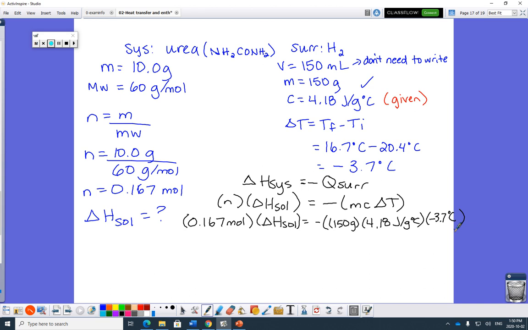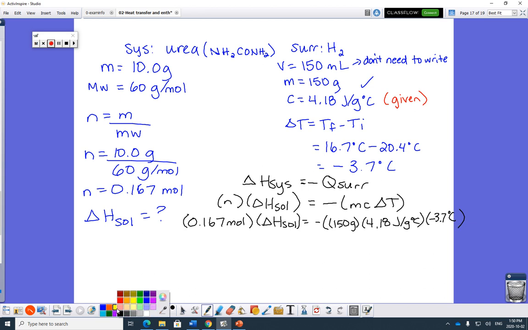You can decide for yourself what kind of relationship you have with your calculator. But most calculators, at the very minimum, unless you use brackets, you have to do 150 times 4.18 times negative 3.7 times negative 1, push equals, and then divide.